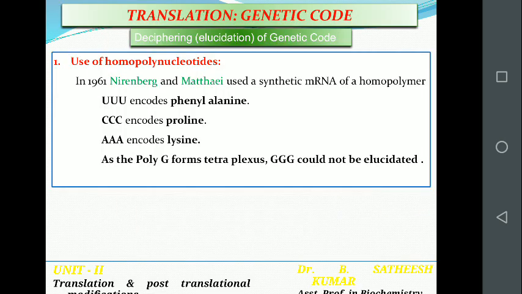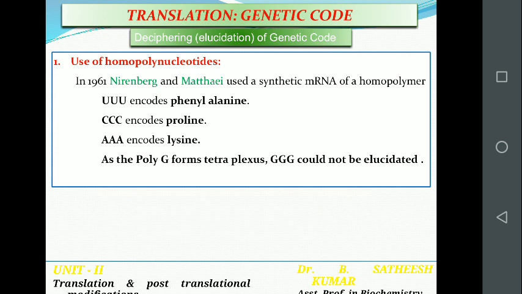Okay, so all these things you can see here. And the genetic code was deciphered by 3 experiments. First experiment is the use of homopolynucleotides. Homopolynucleotides like poly U, poly C, and poly A were synthesized artificially, and they were used as mRNA molecules in a cell-free translation system.